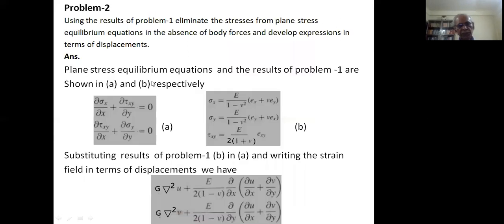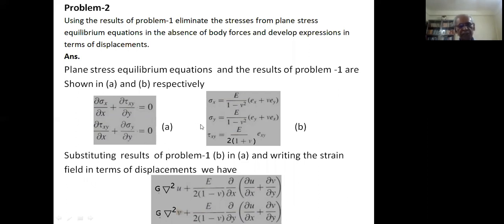So if we take this for the case where there is no body force, in the absence of body force, then this equation comes down to del sigma x by del x plus del tau xy by del y equal to 0, and del tau xy by del x plus del sigma y by del y equal to 0.